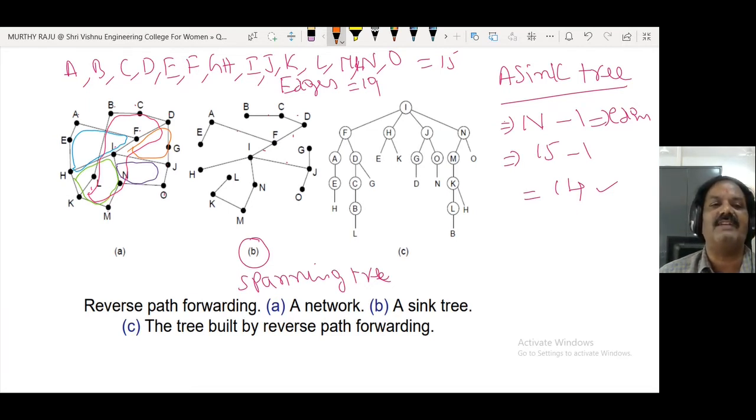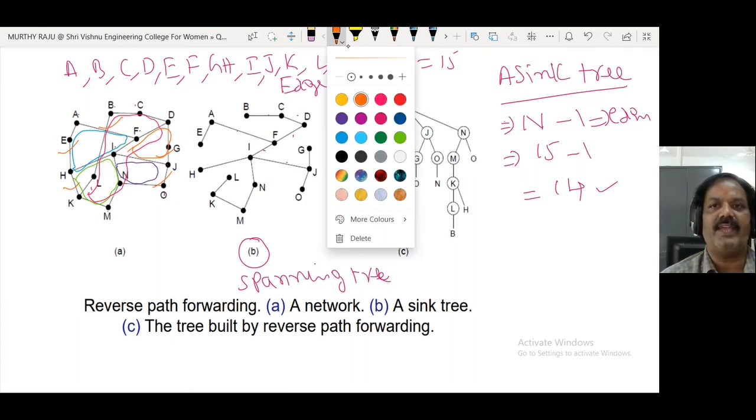The main graph consists of 5 subgraphs. This one is 1, the green color one, then 2, 3, 4, and 5. Generally 5 graphs are there.